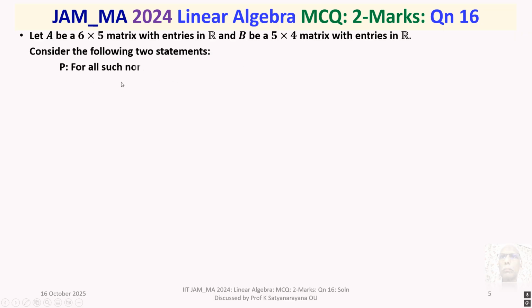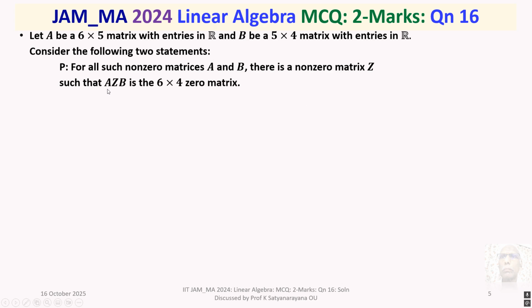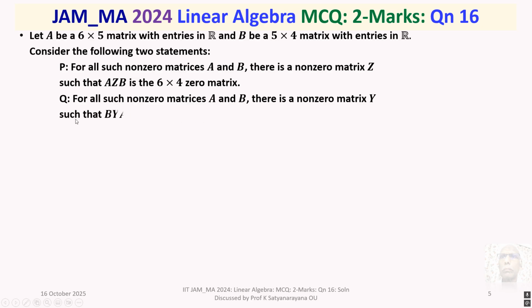Statement P: for all such non-zero matrices A and B, there is a non-zero matrix Z such that the product AZB is the 6 by 4 zero matrix. Statement Q: for all such non-zero matrices A and B, there is a non-zero matrix capital Y such that the product BYA is the 5 by 5 zero matrix.